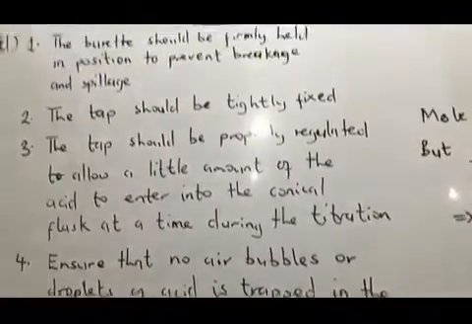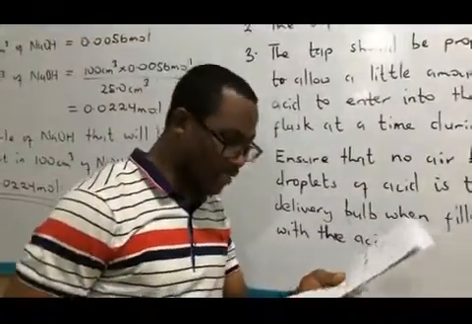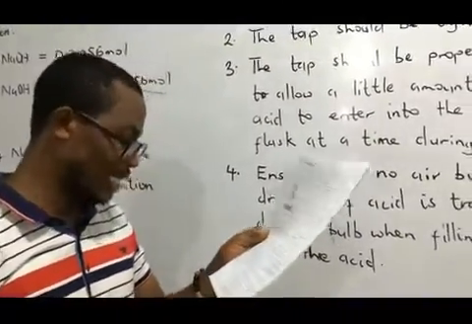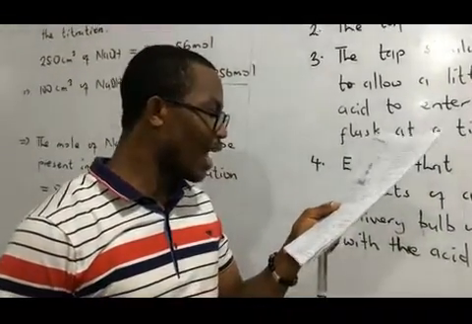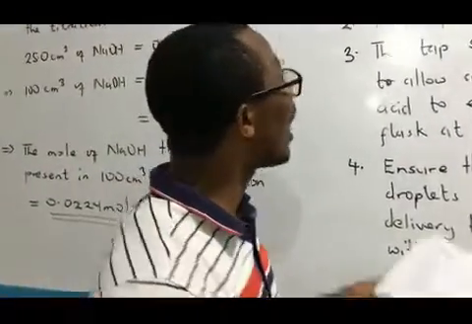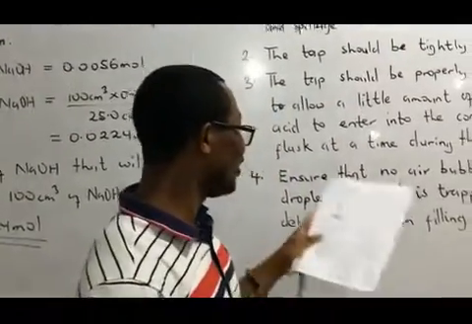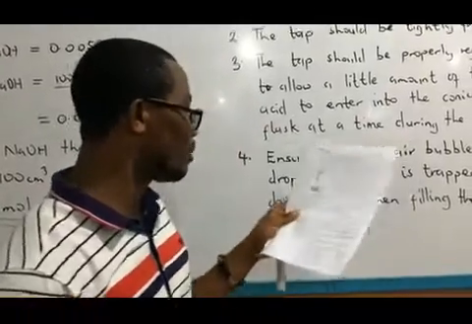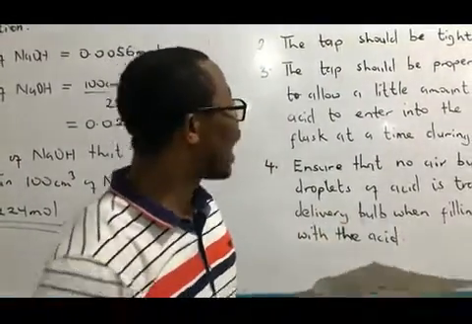And then the last question here, E, says: what will be the effect on the titration result if droplets of acid are found in the space labeled IX? In the space labeled IX, that's the delivery bulb. So I said initially, if you have air bubbles or droplets of acid trapped in the delivery bulb, it will affect the titration result.